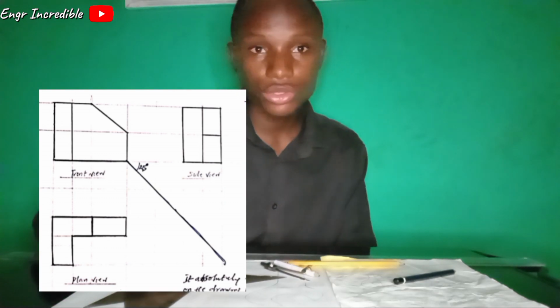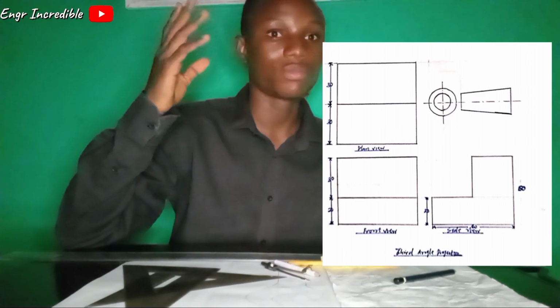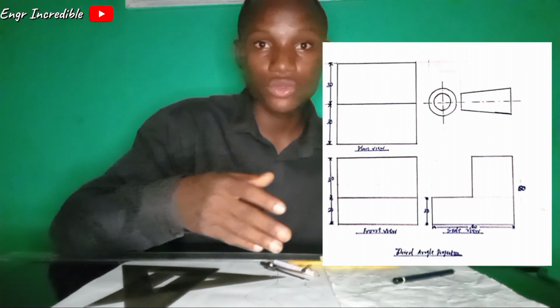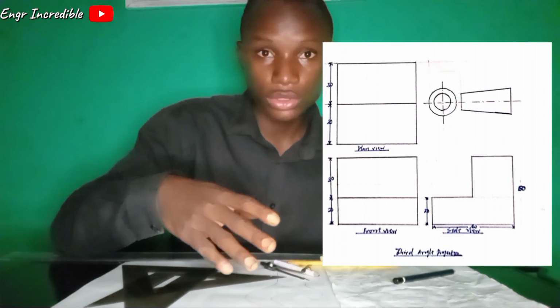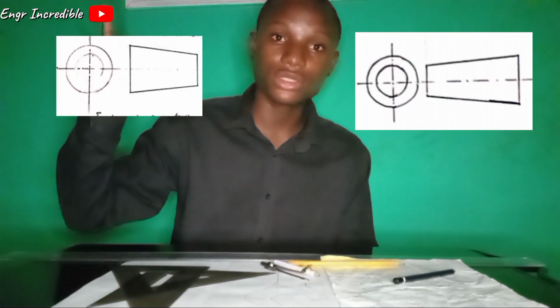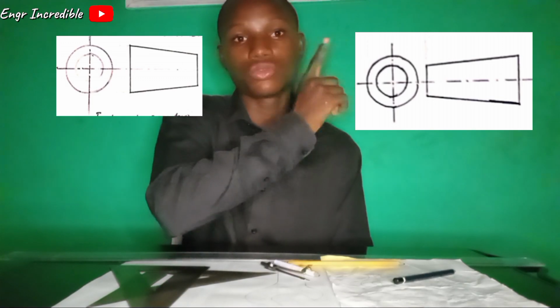And the third angle projection is the one whereby the plan is on top, then the front view and the side views are down. And they have representations for them using the frustum of a cone, which you can see here. The one right here is the first angle projection, while this one right here is the third angle projection.